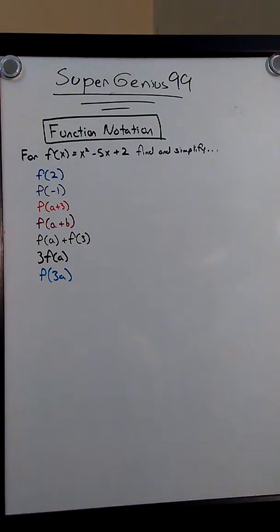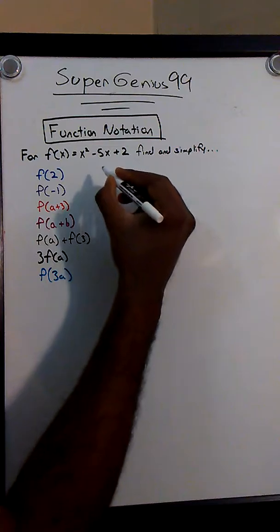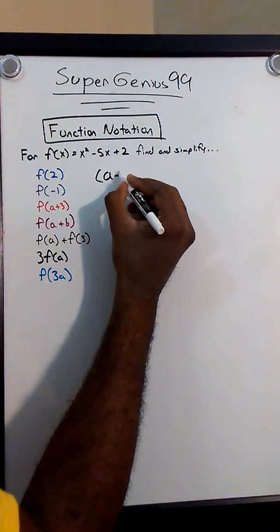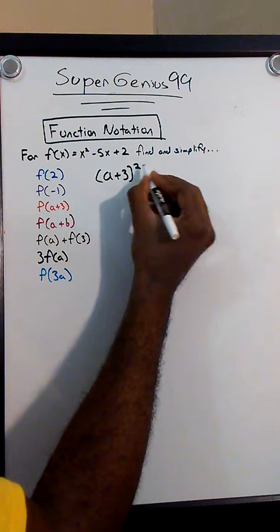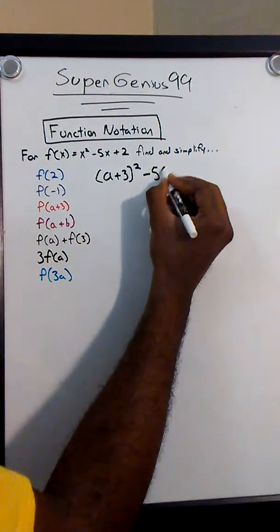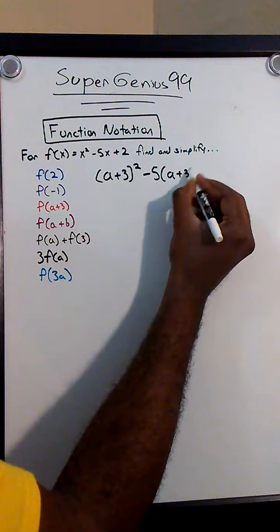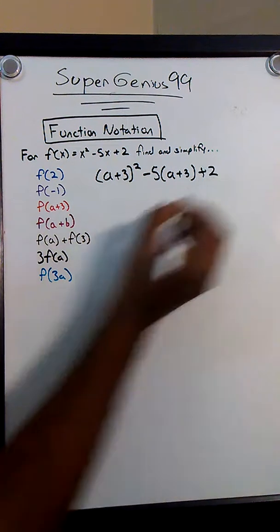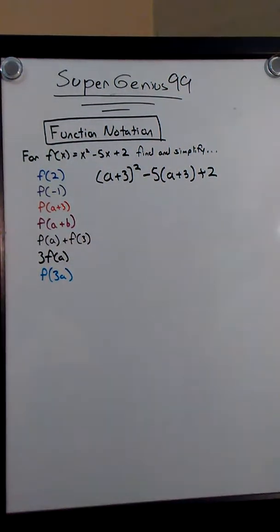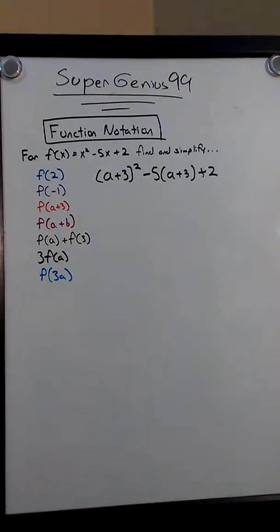The next problem, what is f of a plus 3? So wherever you see an x in the x squared minus 5x plus 2, you will put in a plus 3. So that'll look something like this. Okay.